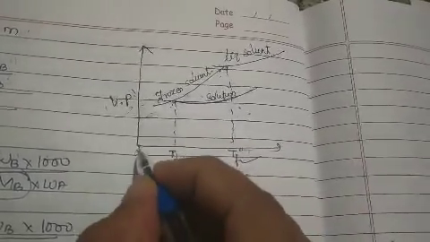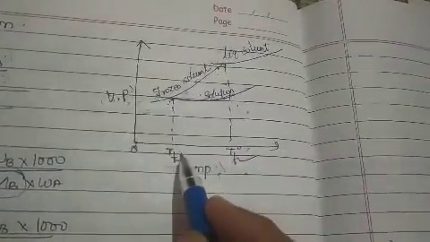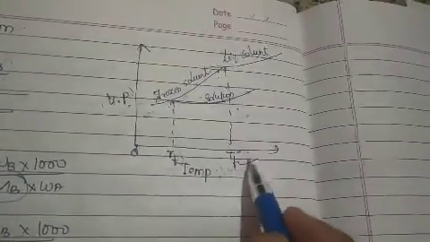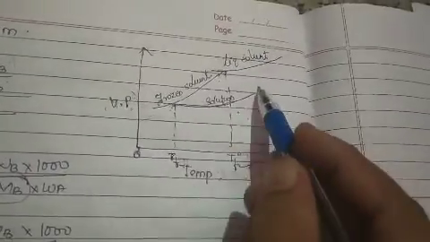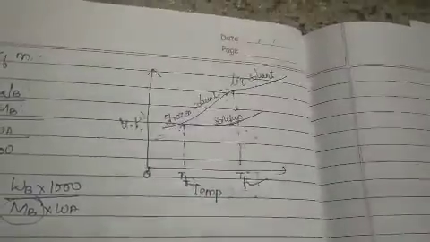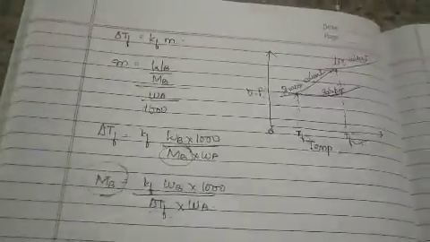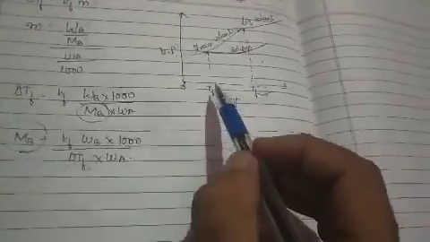So this TF is smaller than your TF naught, which shows that after the addition of the solute, when you are determining the freezing point, of course the freezing point of the solution is less than that of your solvent.